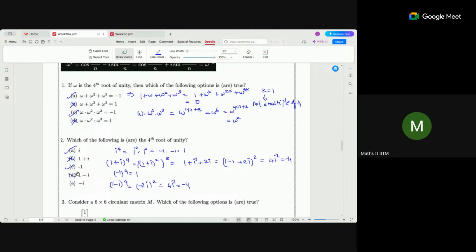So this is an incorrect option. What about (minus i) whole power 4? You can split it as (minus i) power 2 times (minus i) power 2. So i square is minus 1 into minus 1, so again 1. So this is also a correct option. Is it fine?